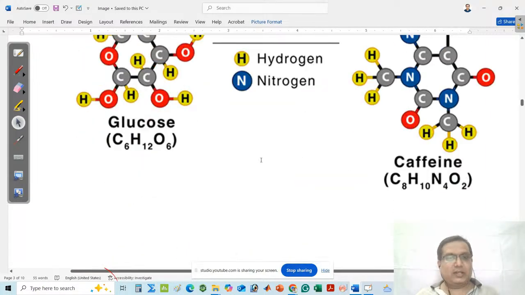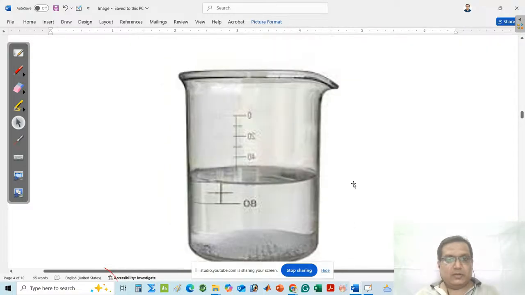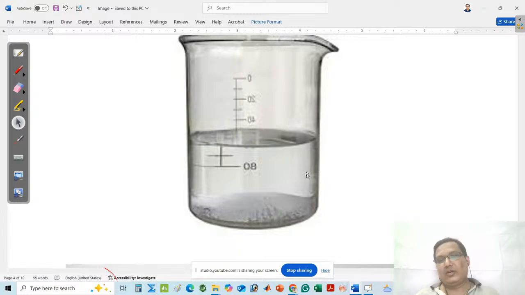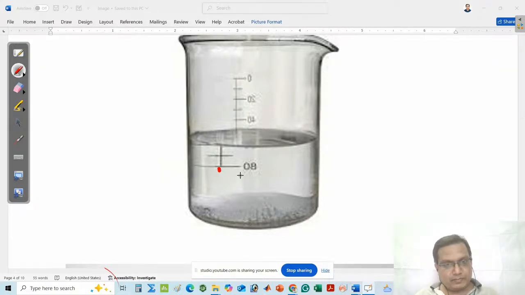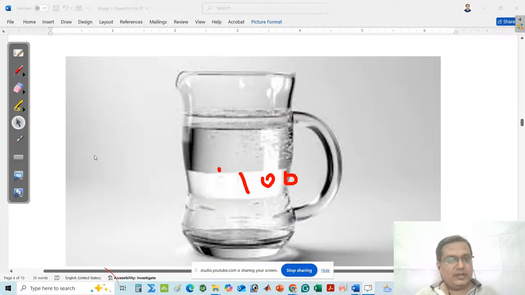Suppose I think about the volume of this water. If you think about the volume of the water present in the beaker, maybe it shows 100 ml. It also has some weight. If you think about this one, it cannot be said to be 100 ml.